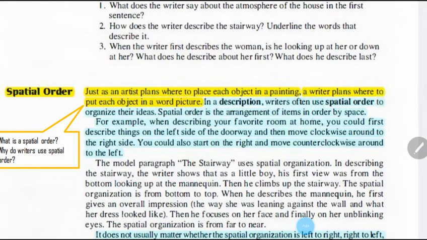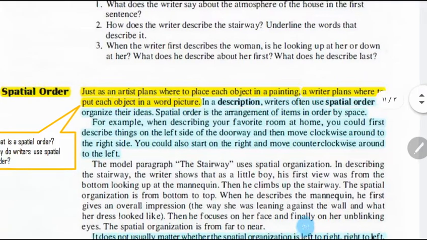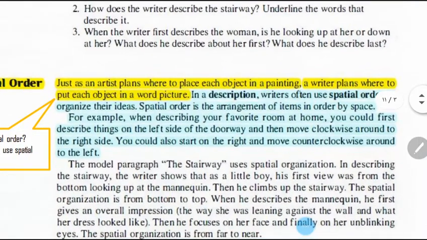In a description, writers often use spatial order to organize their ideas. Spatial order is the arrangement of items in order by space. For example, when describing your favorite room at home, you could first describe things on the right side of the doorway and then move clockwise around the room.